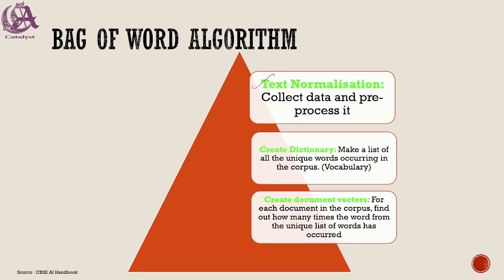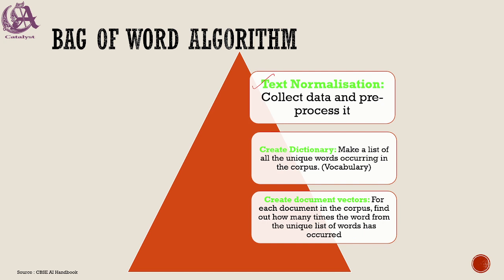First is text normalization, then creating the dictionary, then creating the document vector. Text normalization is collecting and pre-processing the data and making a list of all unique words occurring in the corpus. Then creating the vector means for each document in the corpus, we find out how many times the words from the unique list of words occur.